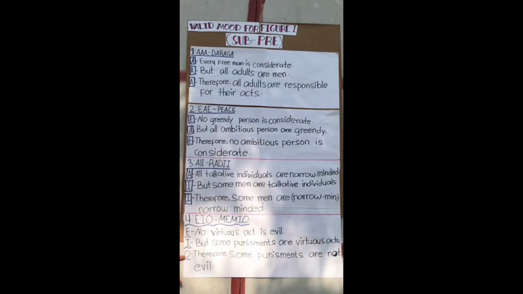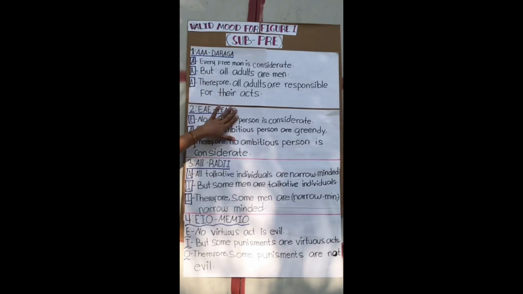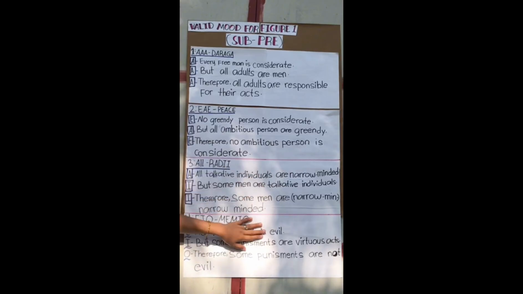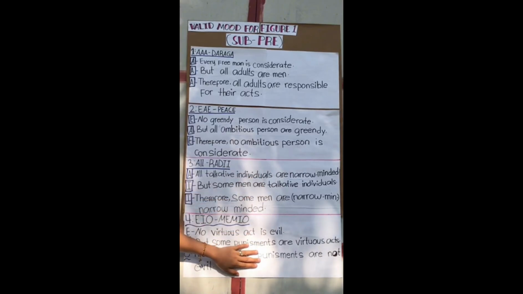AAA for Darapti, EAE for Celarent, EII for Ferio, and last, EIO for Festino. So, itong mga Darapti, Celarent, Ferio, Festino, ito lang yung nickname ng mood natin.